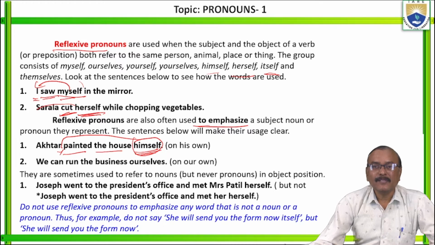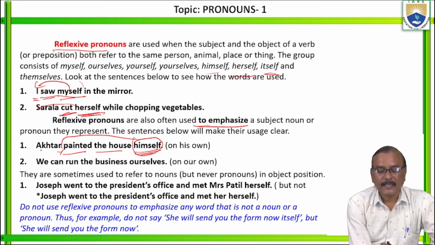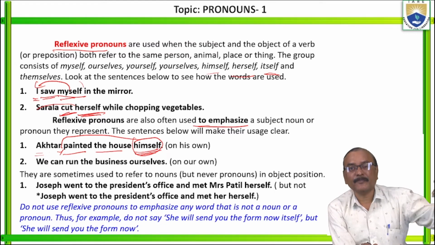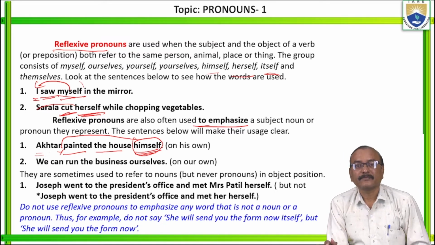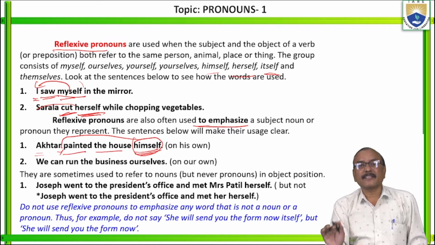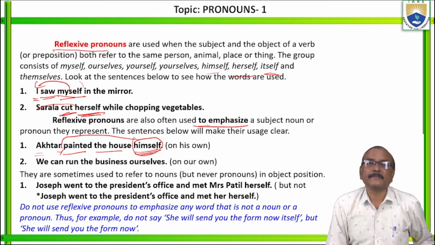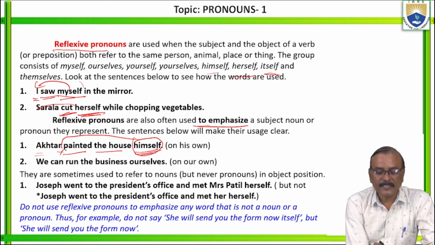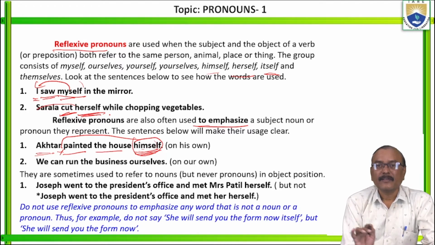Here the emphasis is on Akhtar. We are stressing that Akhtar himself painted the house. He has not taken anybody's help. So we are emphasizing the subject by using this emphatic pronoun.